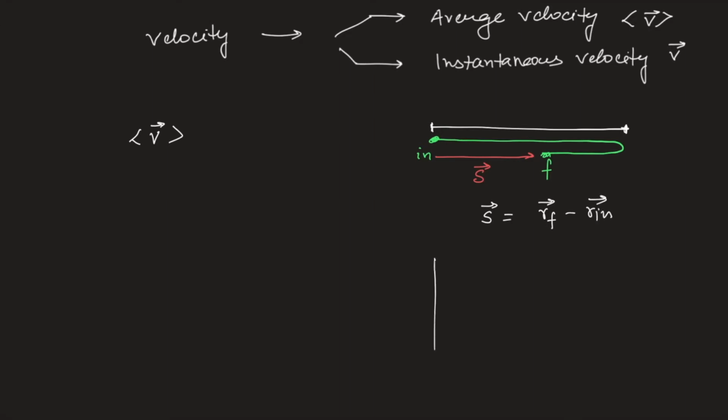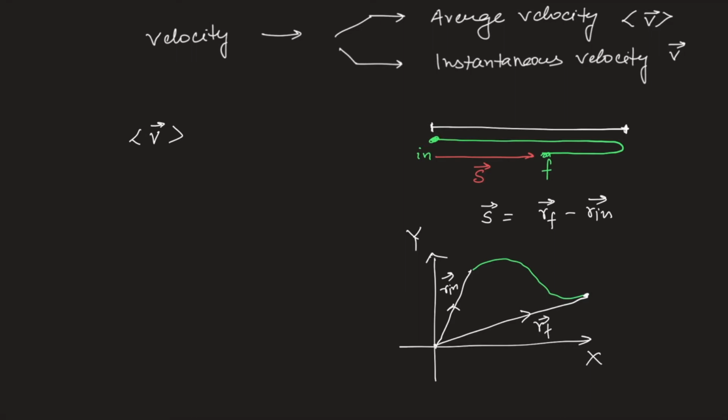Now if we look at that in 2D, x-axis and y-axis, and if your particle covers a path something like this, maybe, then this is your initial position and this is your final position and this is your displacement.